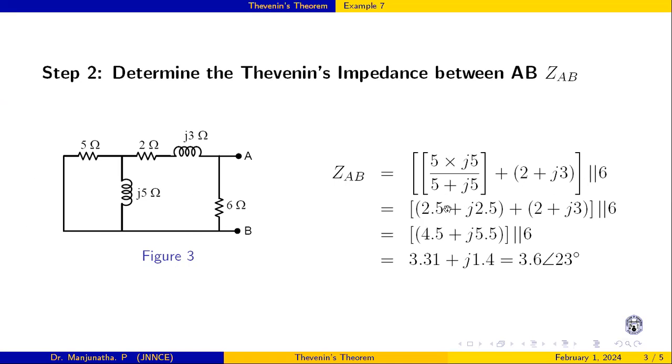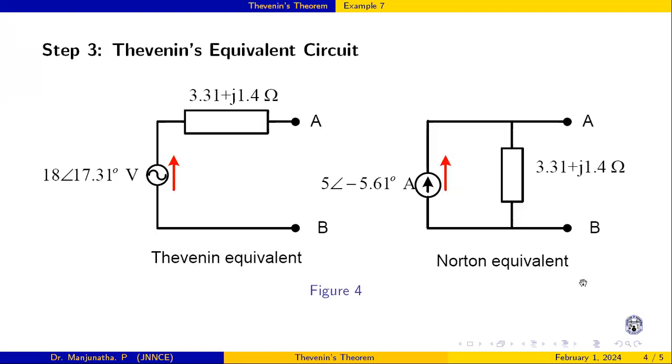First 5 in parallel with j5, plus, because it comes in series, 2 plus j3. That entire branch is in parallel with the 6 ohms. After simplification, I get 3.6 with a phase angle of 23 degrees, or you can convert it into rectangular form. So this is the Thevenin voltage and this is the Thevenin impedance.